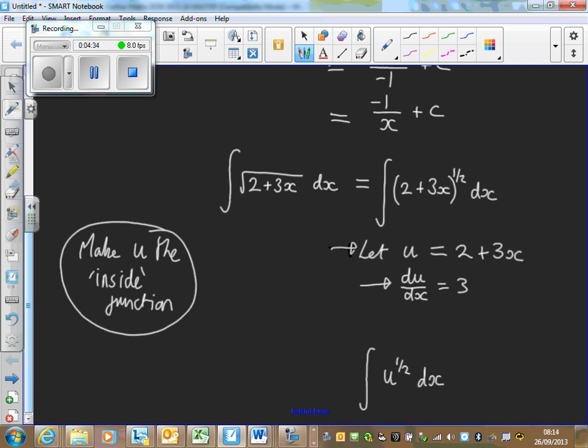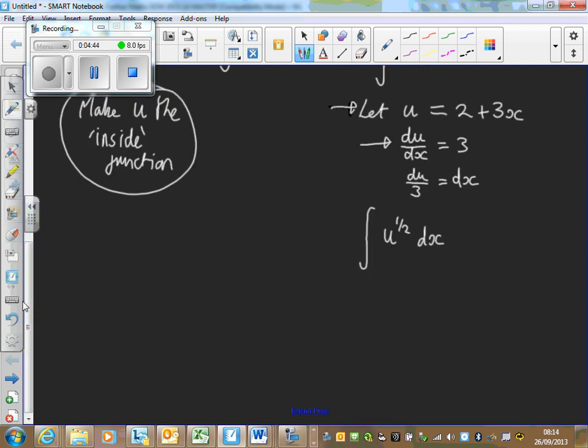So if I rearrange it to make dx the subject, I get that du divided by 3 is equal to dx. Now, what we can do is substitute this expression for dx. And what this becomes is u to the half du over 3.